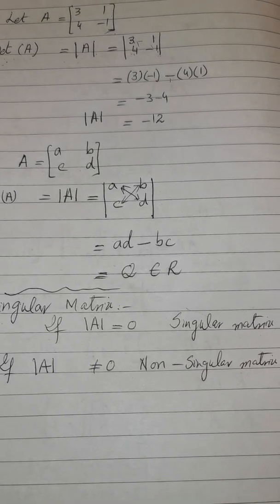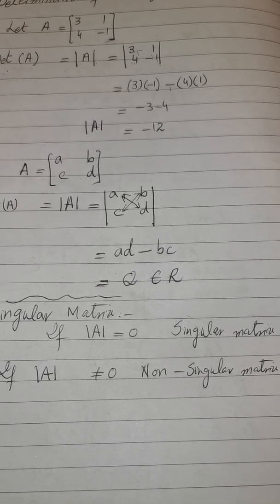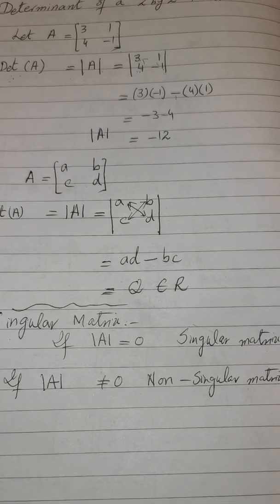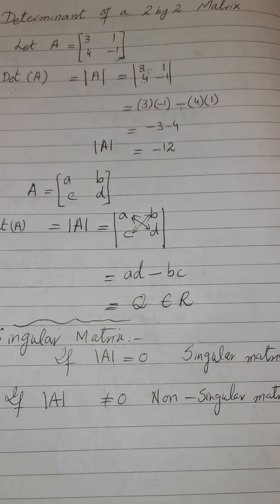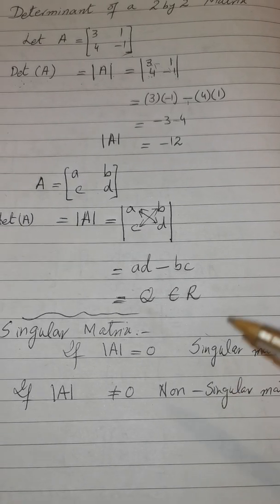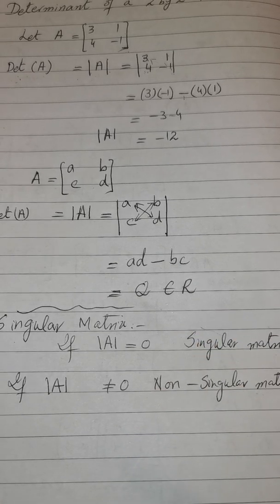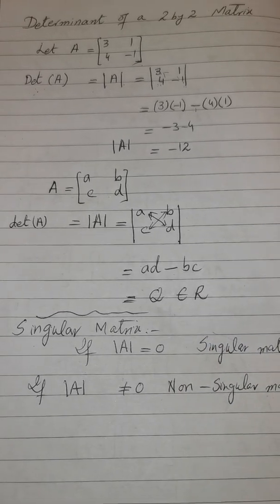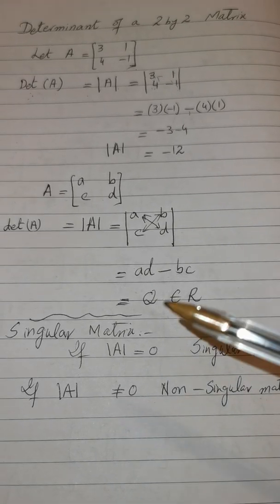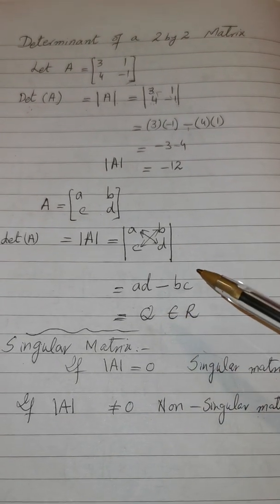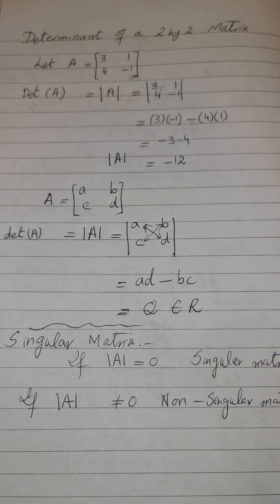If your determinant is equal to 0, then it is a singular matrix, and for a singular matrix there will be no inverse. But if your given matrix has a determinant not equal to 0, then we will proceed further, and we have another formula I will tell you, and by using that formula we can find the inverse of that matrix, right?